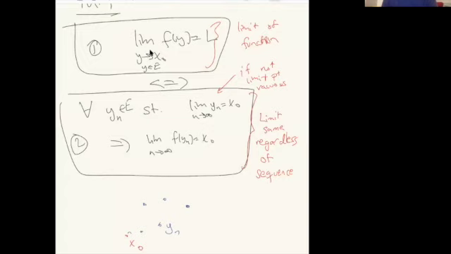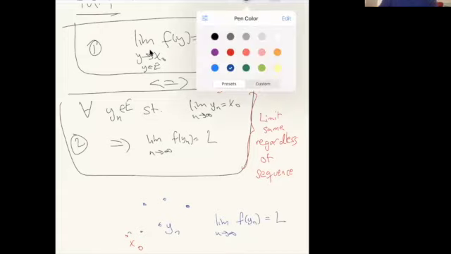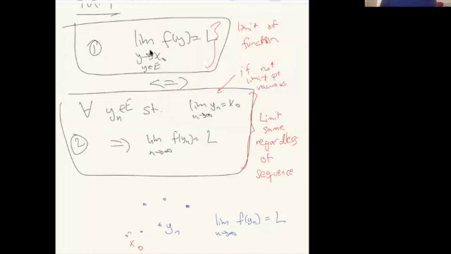This is our yn, and we could ask whether the limit as n goes to infinity of f of yn is equal to L. So this is for a particular sequence, a particular way of approaching that point.